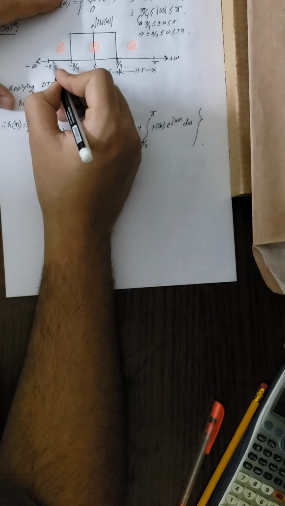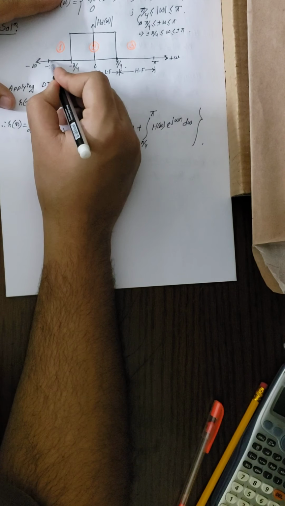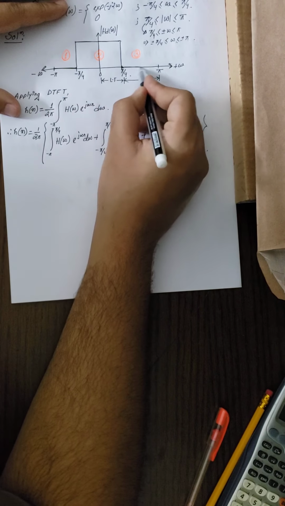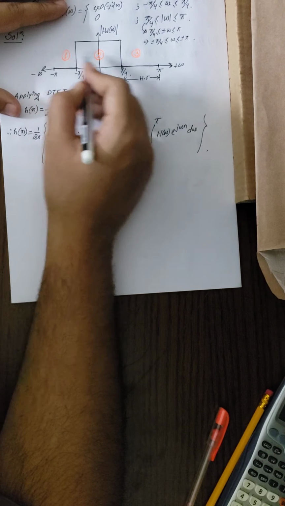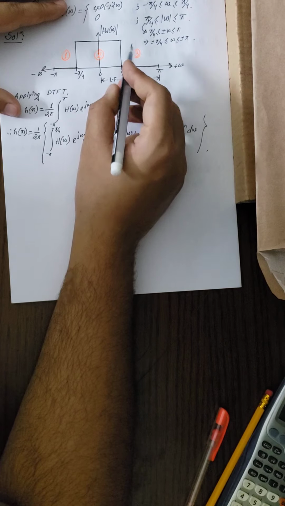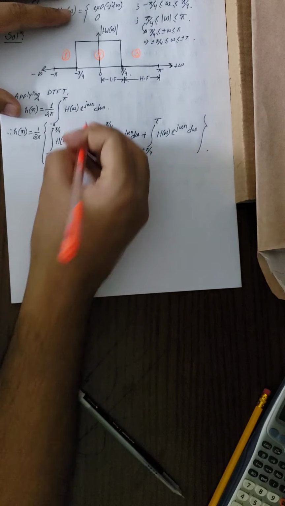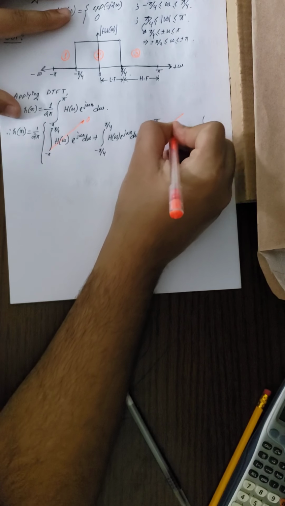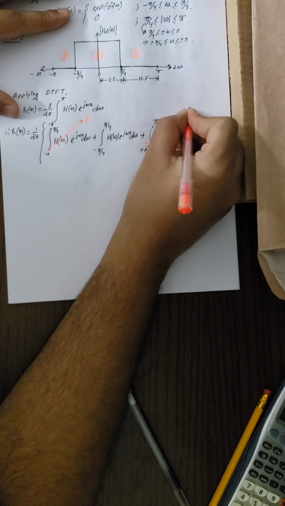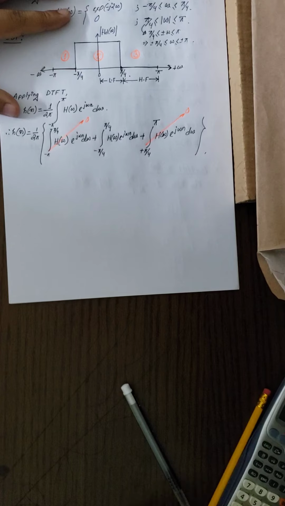Now from the diagram it is quite clear that the region 1 and region 3 will be 0. That is, the area under region 1 and region 3 will be 0. Hence it will render this integral to be equal to 0 and also this integral to be equal to 0.